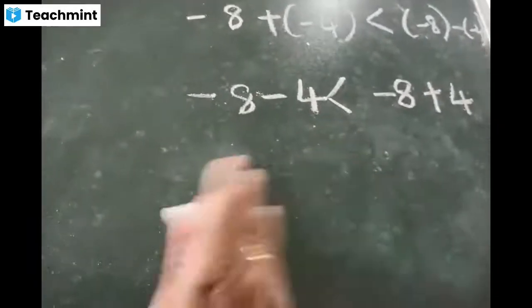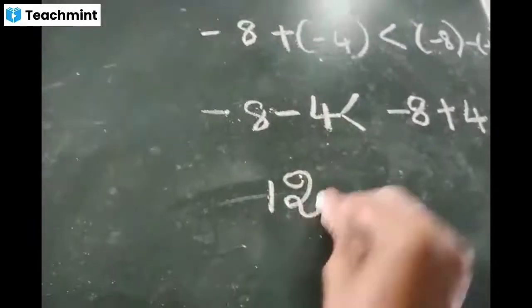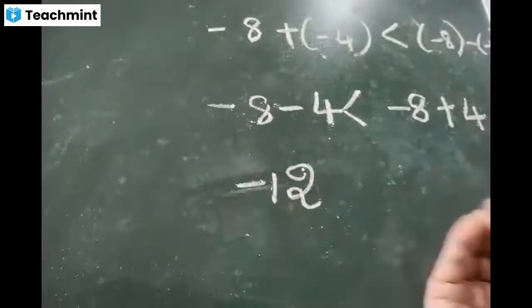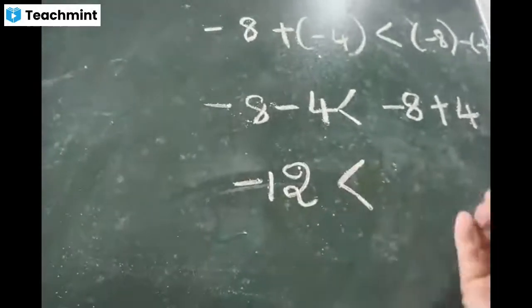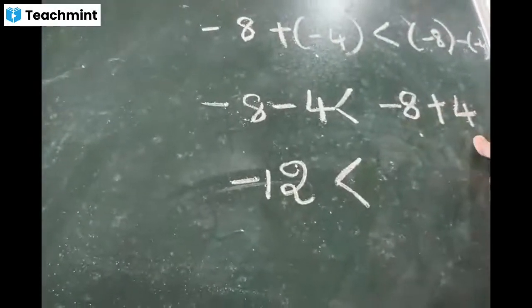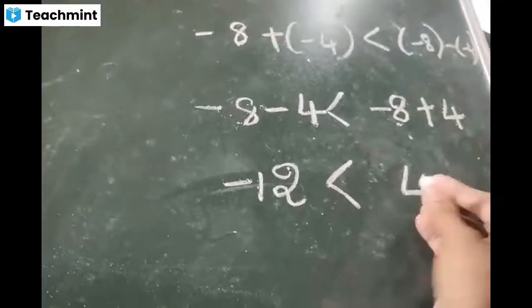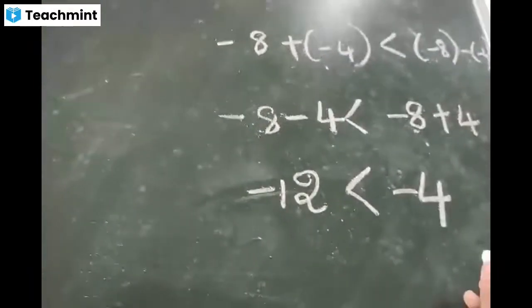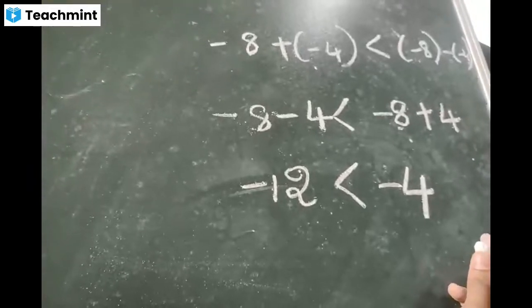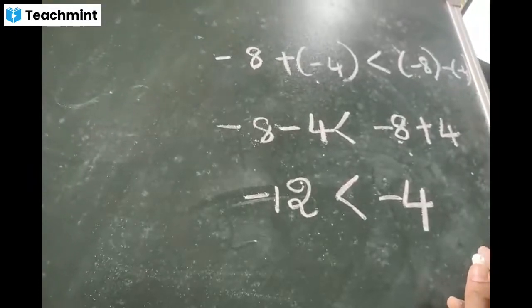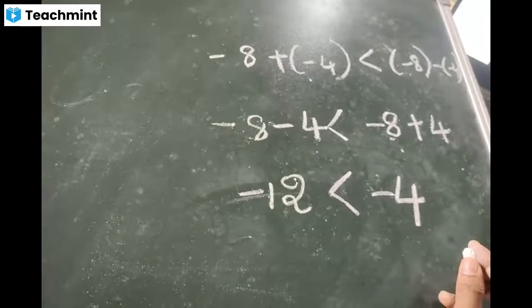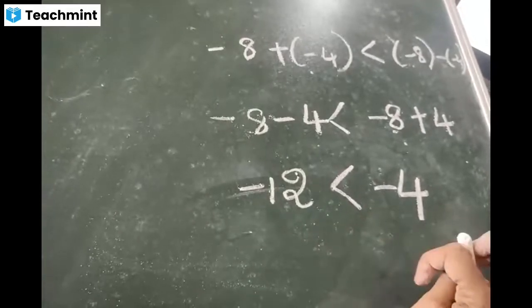Again we have to add the numbers, and the sign is minus. Here, for minus 8 plus 4, we have to do the subtraction, and again it is negative. Is it true? False.